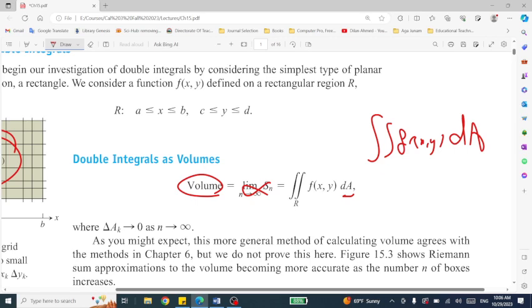So dA has two options, dx dy or dy dx. Both of them are true and will give you the same volume, the same result, but when you try to compute them, they will be different. You need to be careful.